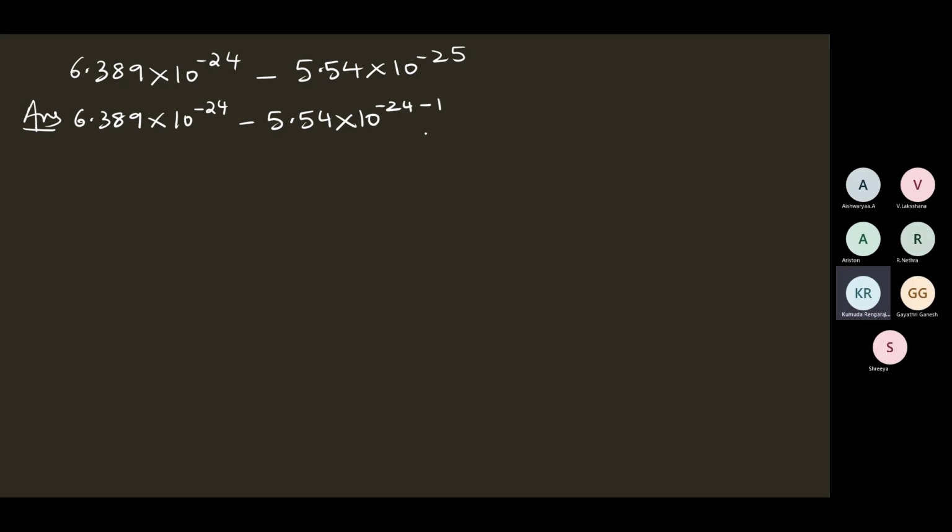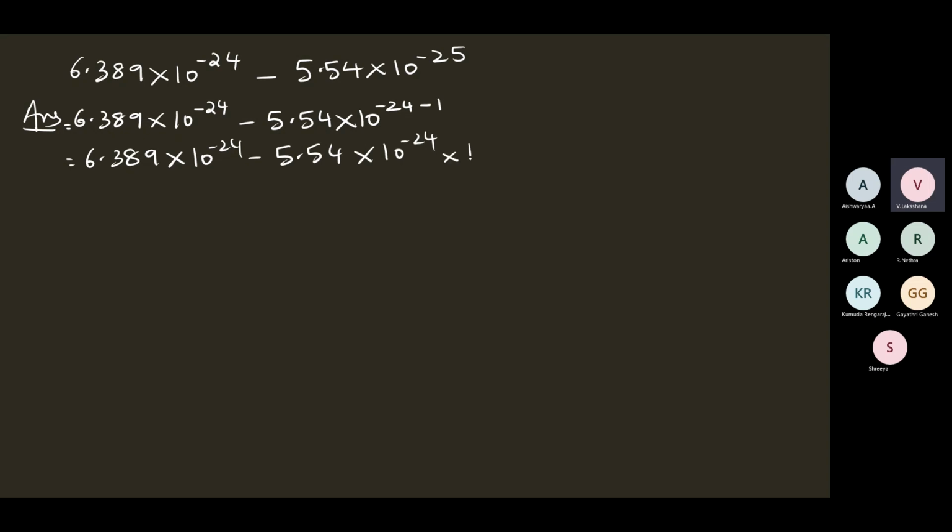Minus 24 minus 1, which is minus 25. Perfect. Next step is 6.389 into 10 to the power minus 24 minus 5.54 into 10 to the power minus 24 into 10 to the power minus 1. Perfect. Next.